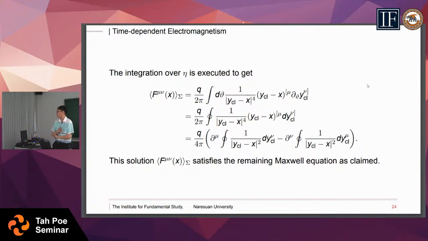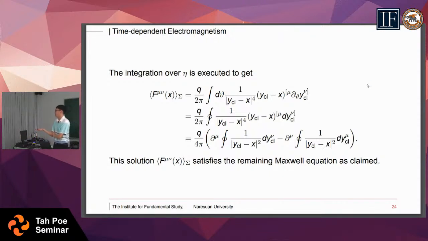Okay, and with this expression here, it's not hard to see that it satisfies the remaining Maxwell equation. You see that there are normal derivatives here, and it is obviously anti-symmetric as we expect from the field strength tensor, right?